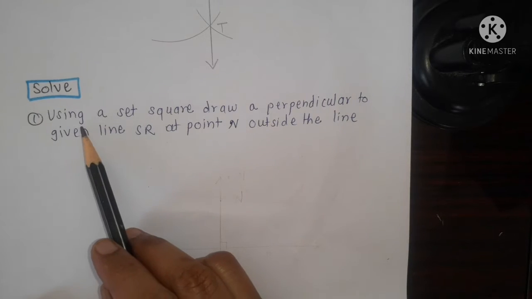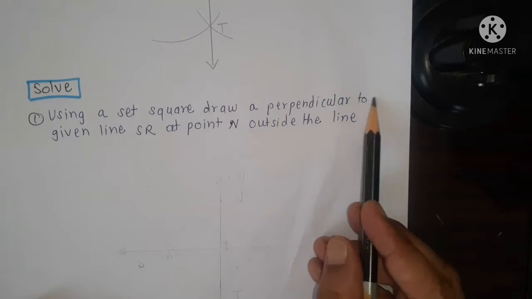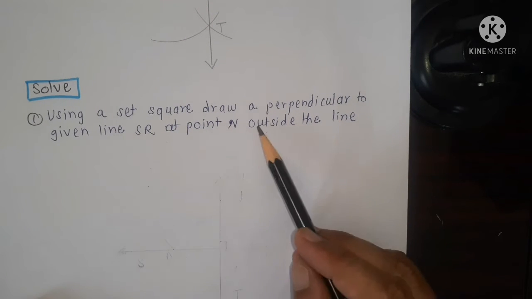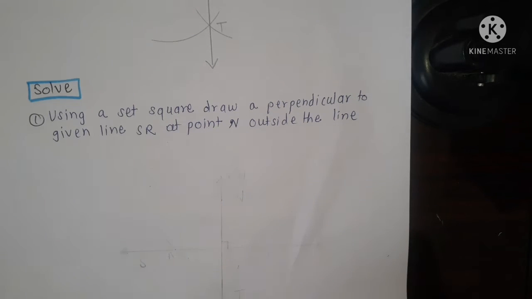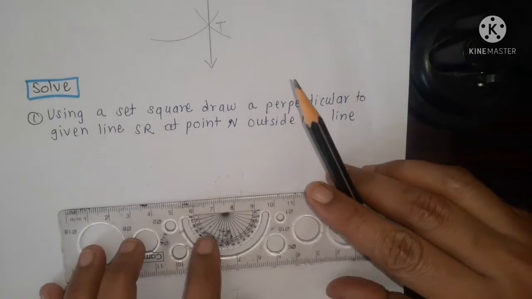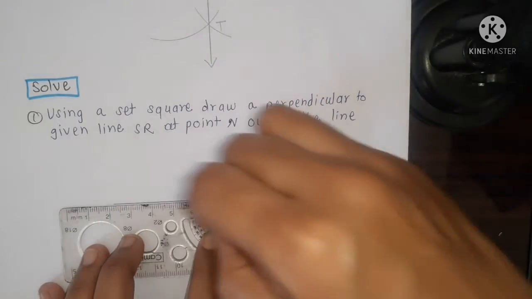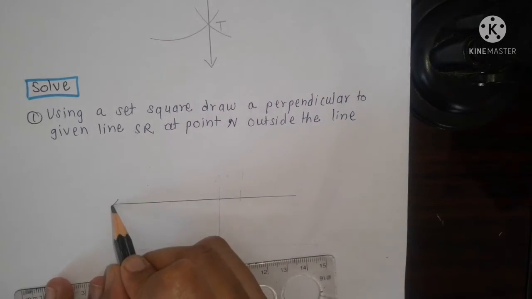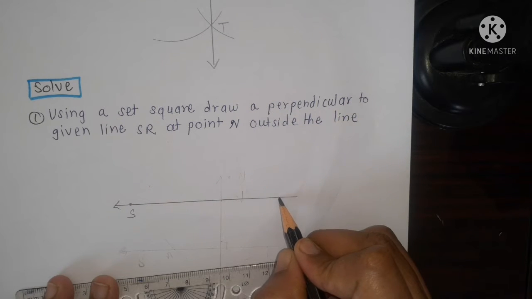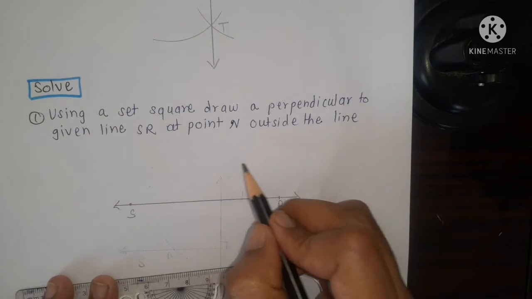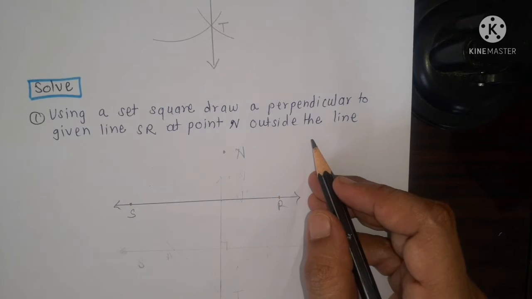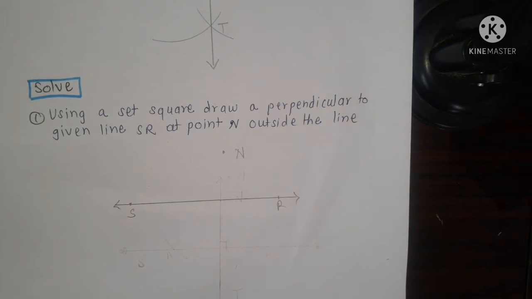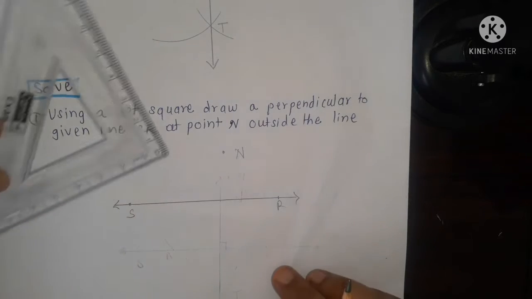Solve. First, using a set square, draw a perpendicular to the given line SR from point N outside the line. Here we are given a line. The name of the line is SR and given a point N outside the line. We can draw a perpendicular line by using a set square.